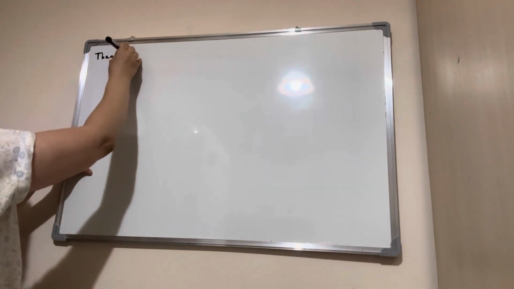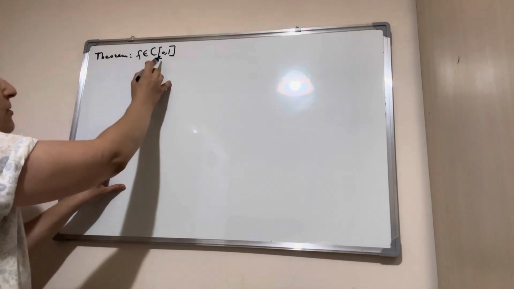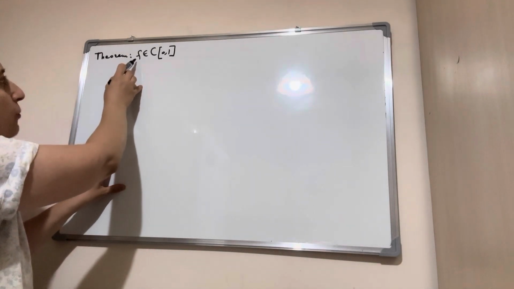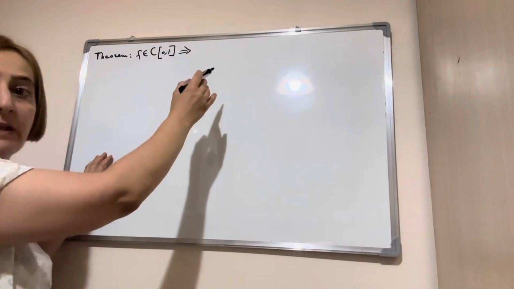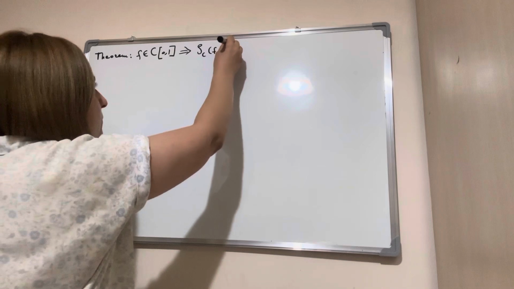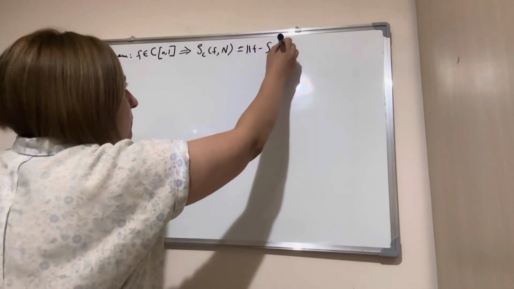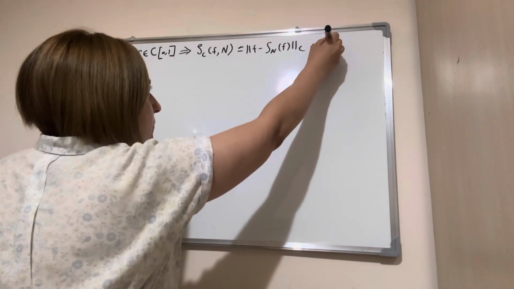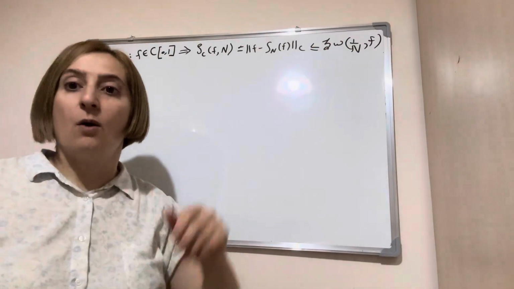So, if f is from C[0,1], then its Fourier-Haar series converges uniformly to f on [0,1], and in particular, the following inequality holds, where omega is the modulus of continuity.